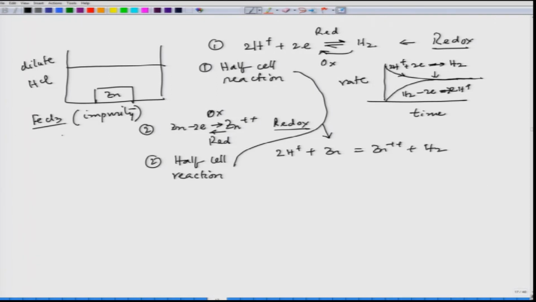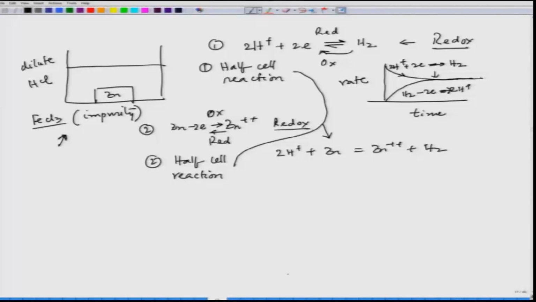Now, coming to this example, when we have dilute HCl and a little bit of FeCl3, in the previous case we had one reduction and one oxidation. Interestingly, in this case there will be one additional reduction reaction. Let us see what that additional reduction reaction is. First, the first reaction would definitely be 2H+ + 2e- = H2.